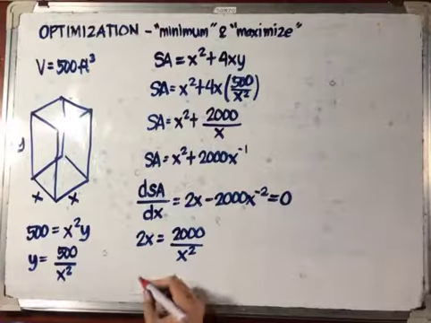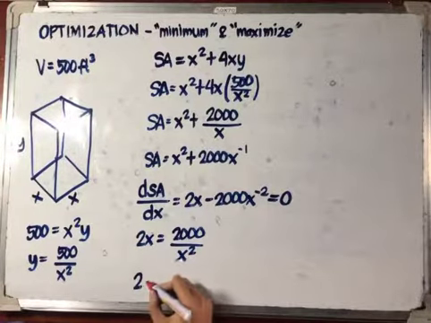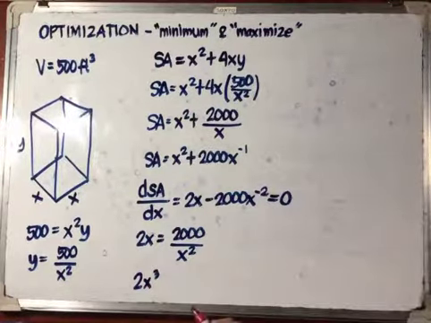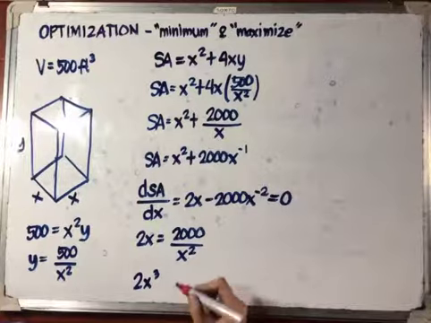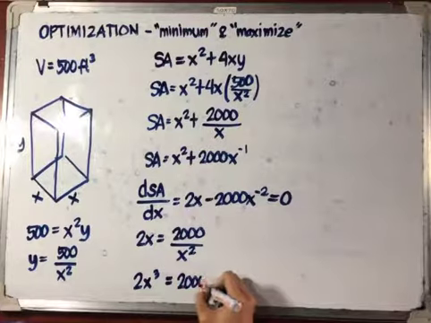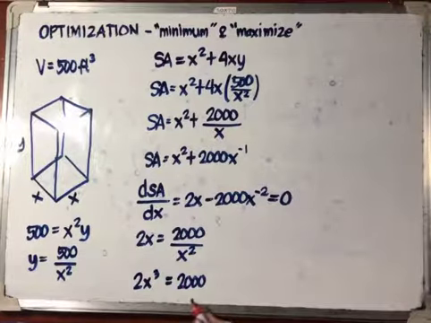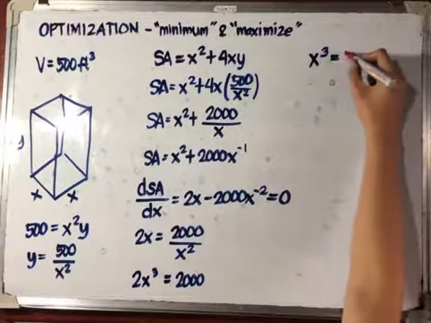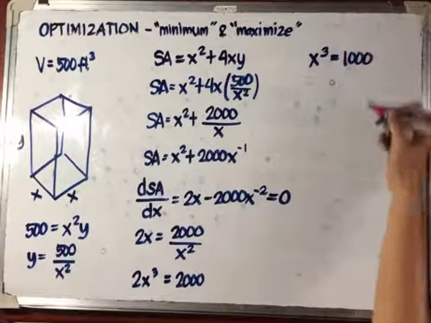Then cross multiplying, that's 2x cubed is equal to 2,000. Dividing 2 on both sides would give us x cubed is equal to 1,000.